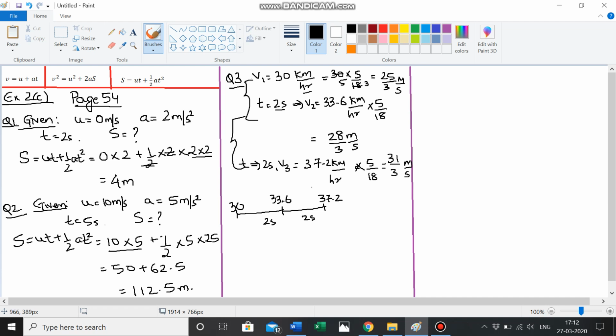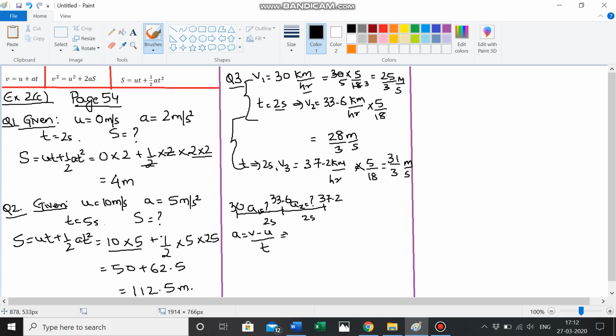Let's see what the question asks us to do. The question is saying calculate the acceleration in meter per second square, and is the acceleration uniform, which means from here to here what is the acceleration, and from here to here, let's call this A2, what is the acceleration. Well, I know A is equal to final velocity minus initial velocity upon time.